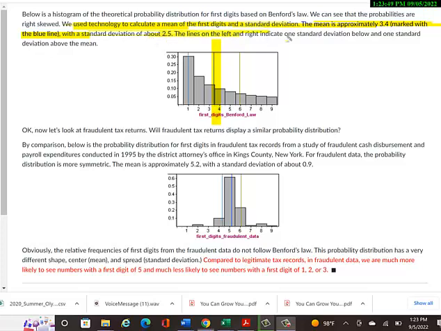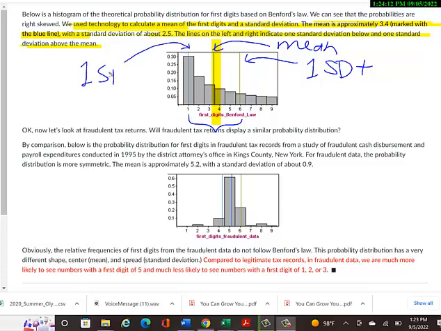The lines on the left and right indicate one standard deviation below and one standard deviation above the mean. So most of the data is likely to be somewhere between 1 and 6. Here's the mean. And then here's one standard deviation above, I'll say plus. And this line represents one standard deviation below, I'll put minus because you're going below.